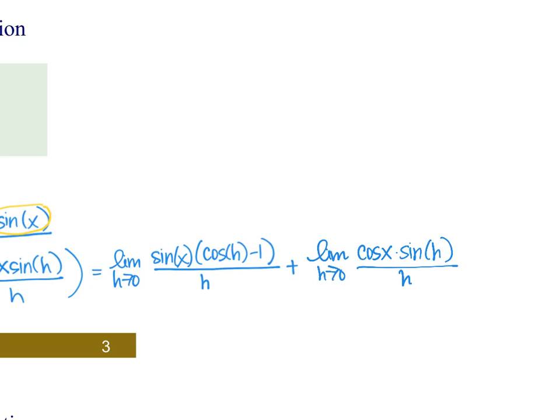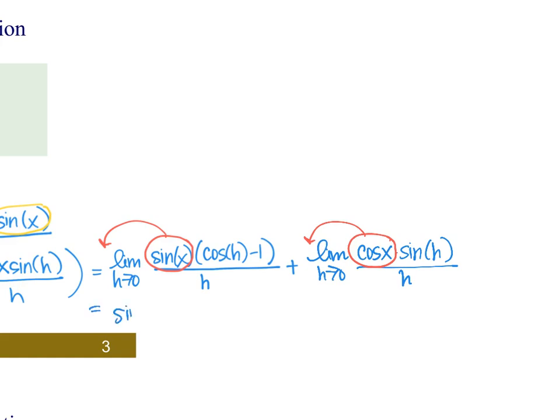Now the variable here is not x. The variable is h. H is what is approaching 0 in the limit. And because the variable is h and not x, I can take this sine and move it to the front, and I can take this cosine and move it to the front.